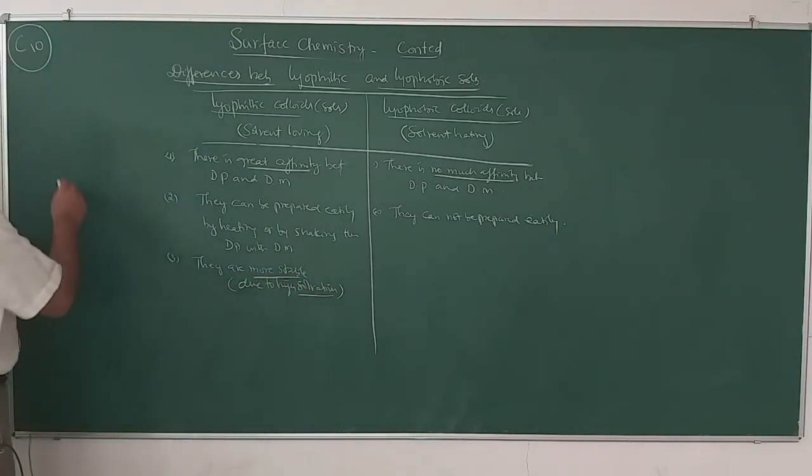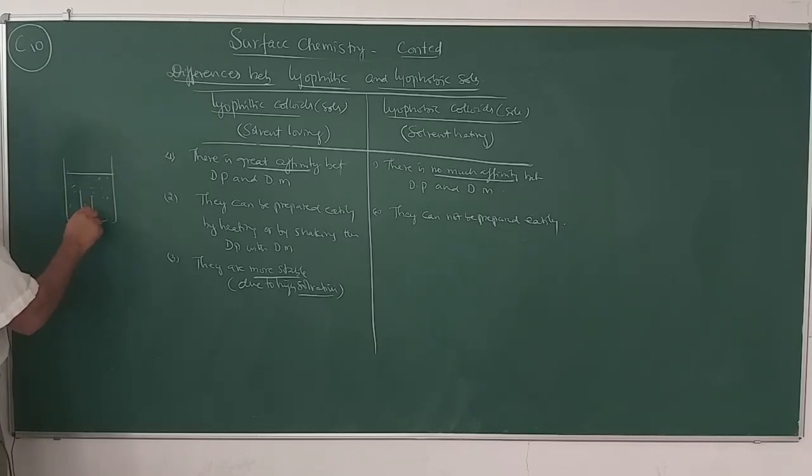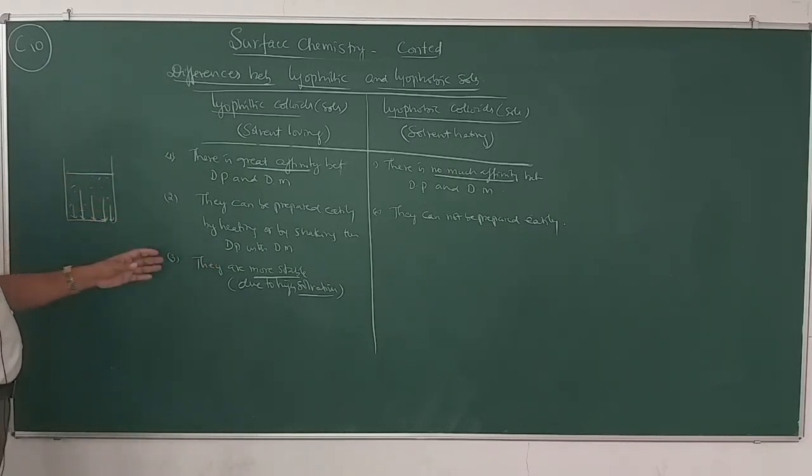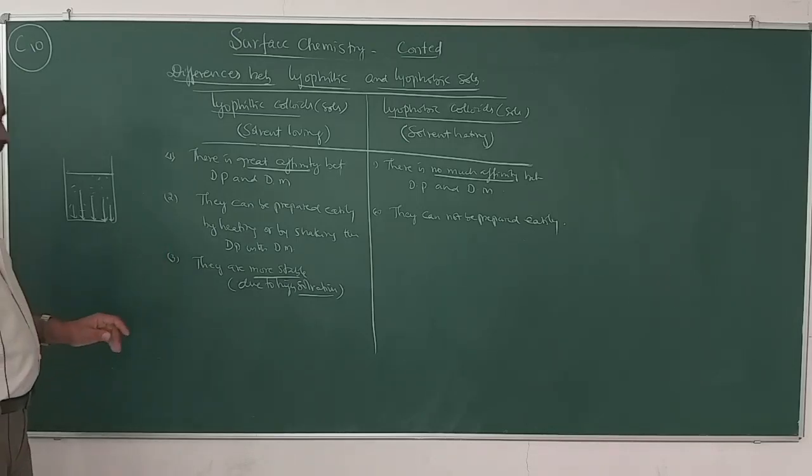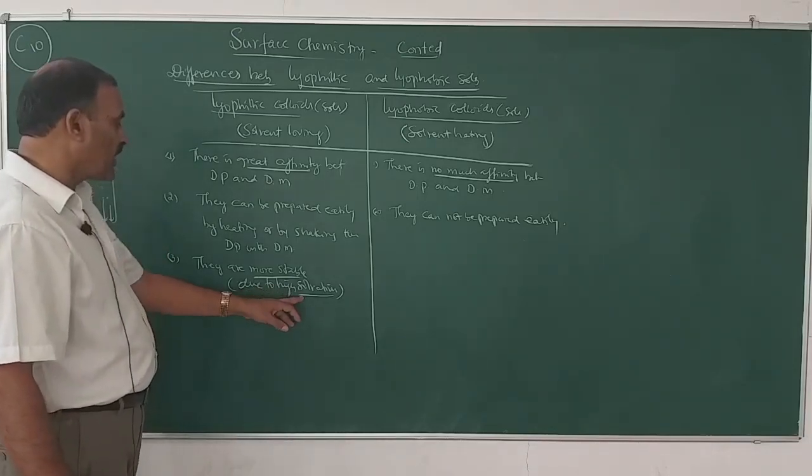More stable means, for example, the colloidal particles are distributed in the medium. If the particles settle down, that means they are unstable. They should not settle down. That is the stability. They are more stable means the colloidal particles will not settle to the bottom due to high solvation.